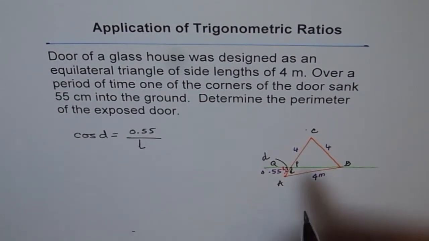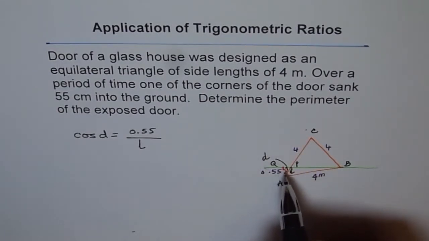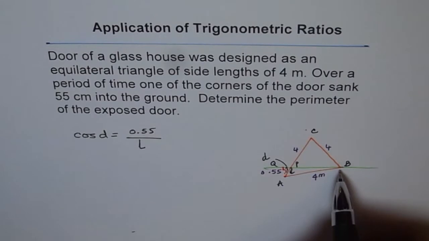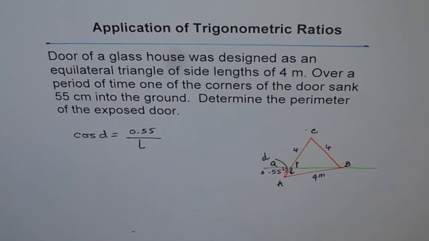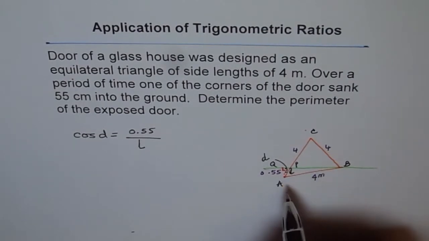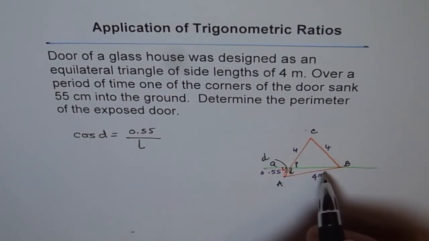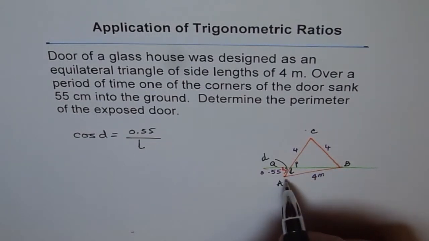Now if you consider the triangle ABQ, that is a right angle triangle. In that triangle we can figure out the length of the side QB, and so we can find the length of the side QP, since we know this is 4 meters.